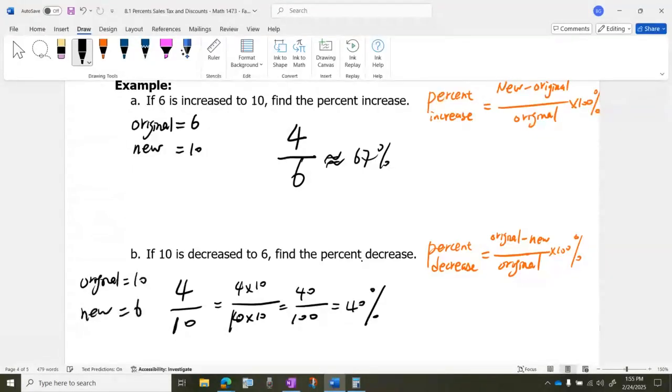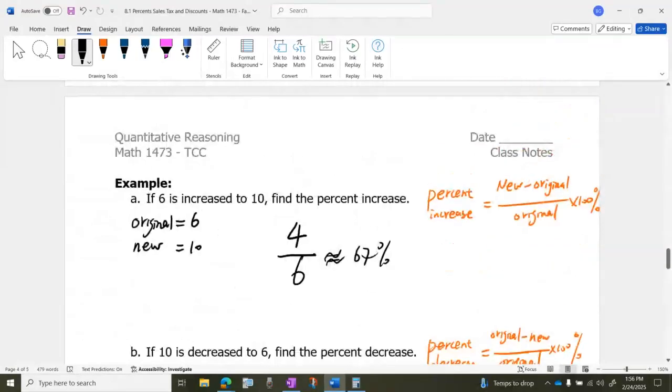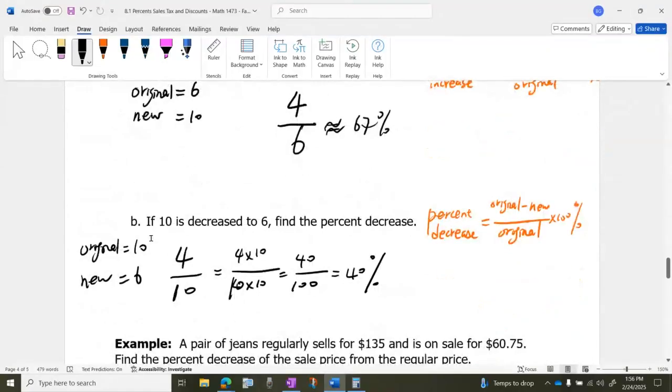They put this together to confuse you. In part A, the original value is 6, the new value is 10. You are comparing the change, which is 4, with the original, with last month's sale, 6, and get a percentage. But in part B, the original is 10. It says if 10 is decreased to 6.